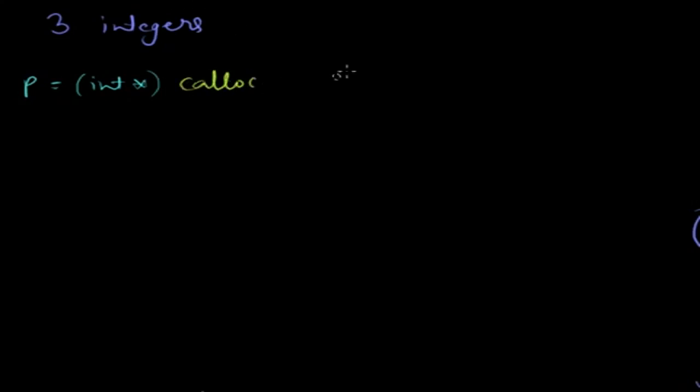Now calloc needs the number of blocks you want to allocate. So we pass it the number 3. We want to allocate 3 blocks, and it also needs blocks of what size. So we want 3 blocks of the size of an int. So size of int.